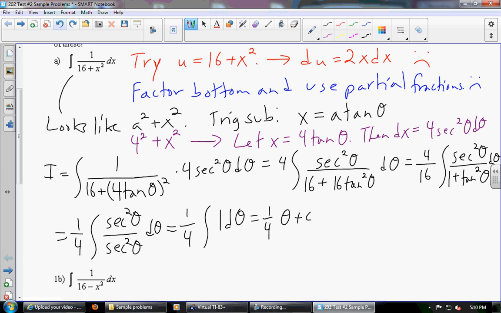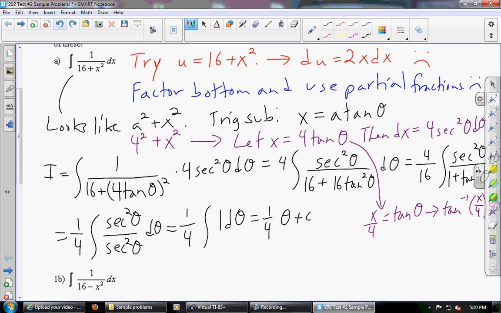And then our job is to put it back in terms of x. So we'll go back to our initial substitution in purple. This right here, solve that equation for theta. First divide by 4. And then take the inverse tan or arctan on both sides. So arctan of x over 4 is theta.